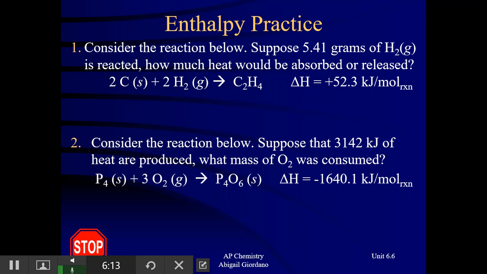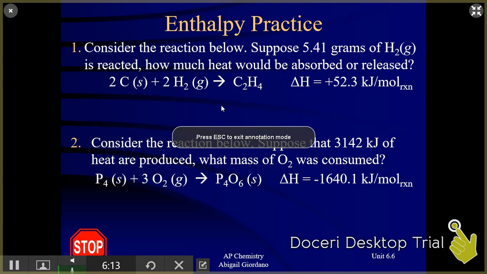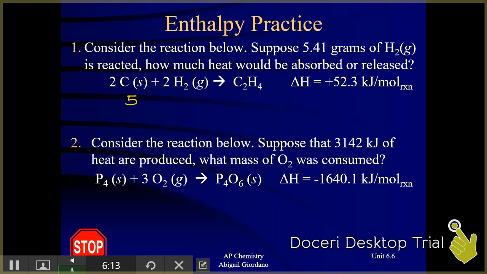Well, here's how I set these up. Every teacher does this a little differently. This is what makes the most sense to me. The way this reaction is written, and I can see that there is a delta H value given to me, I set it up like a proportion.